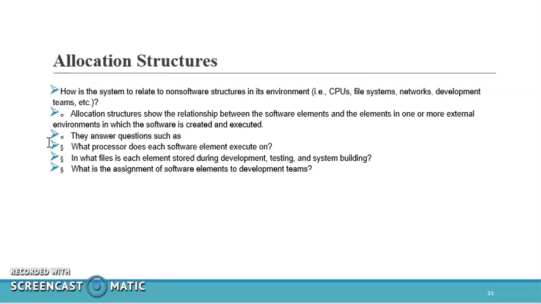The architect will assign the front-end work to the front-end developers, and the back-end work to the back-end developers. So work assignment, or decomposed module assignment, to the developers is also a part of allocation structures.